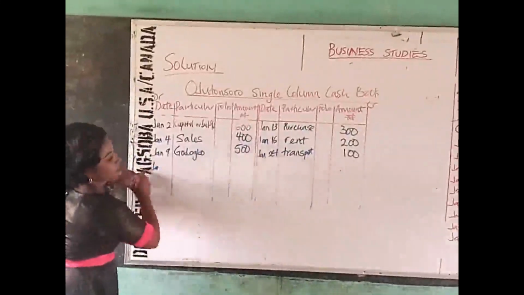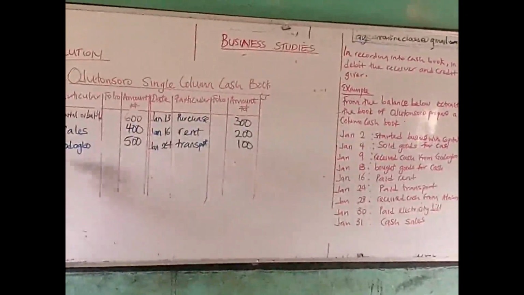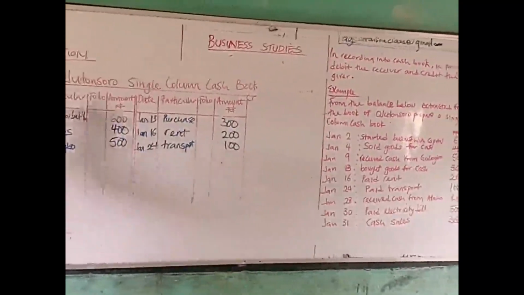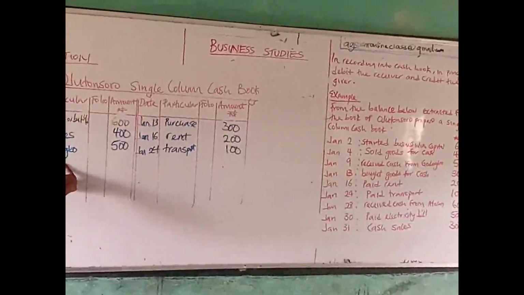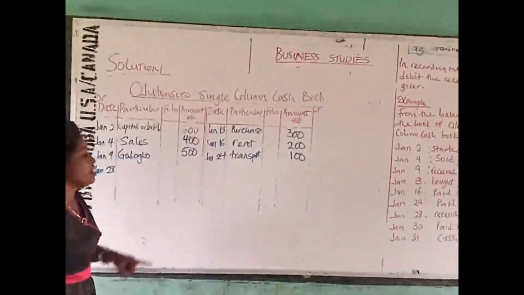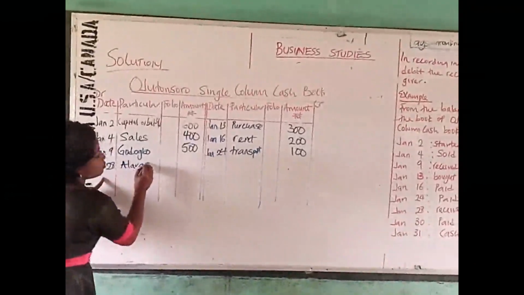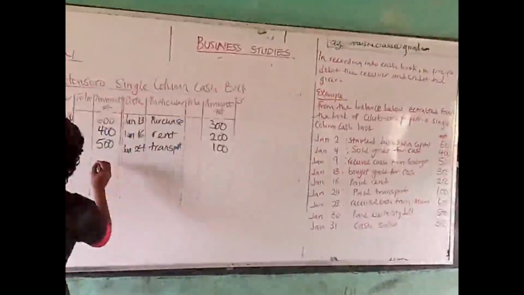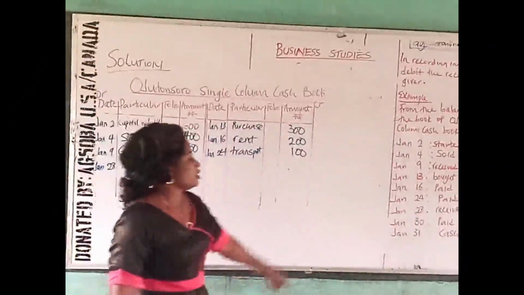January 28th. Who can now tell me what am I going to write in the particular? Yes, Alaran, because it's the one that you received the money from. Alaran. 600 naira.